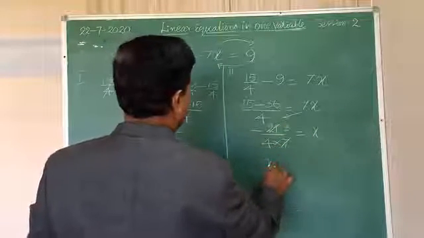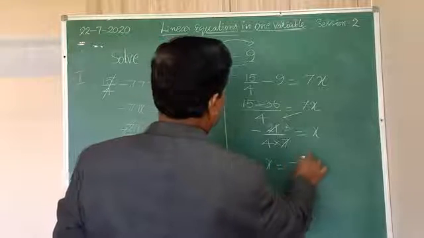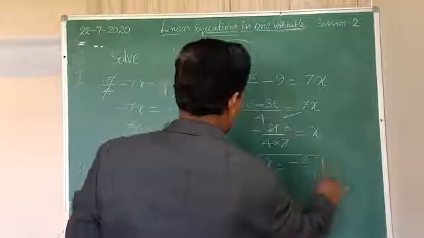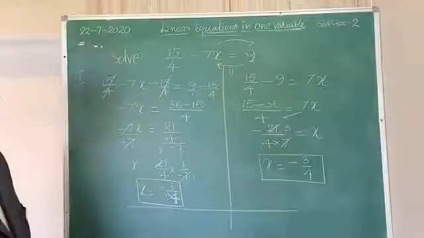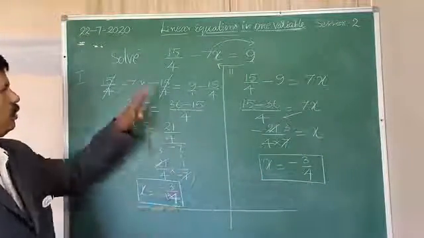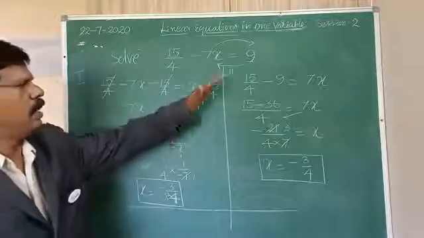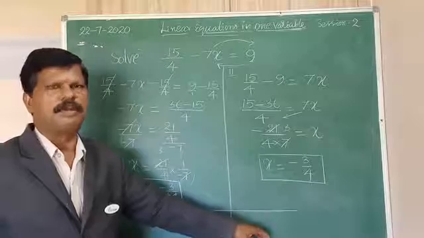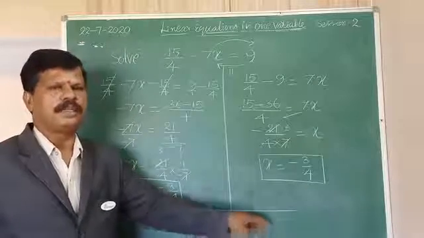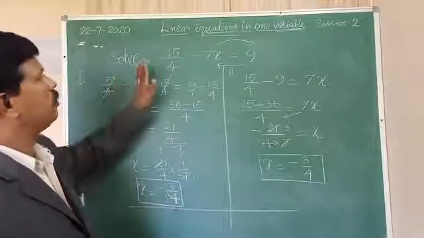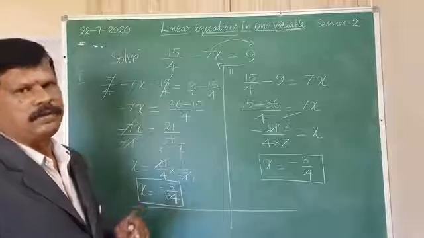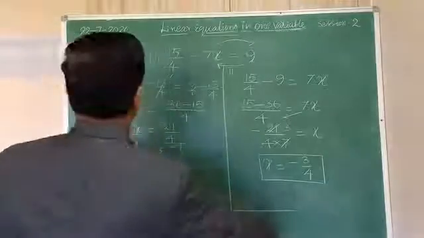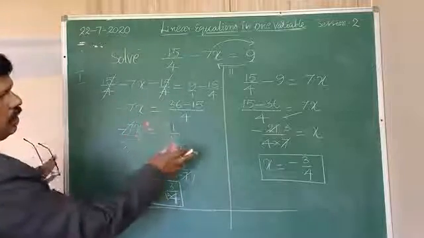Therefore, x is equal to minus 3 by 4. Clear? So here is one method and here is the second method. Whichever one you are comfortable with, you can use that method to find the solution for the variable. Clear this? Now, I will take one more problem.